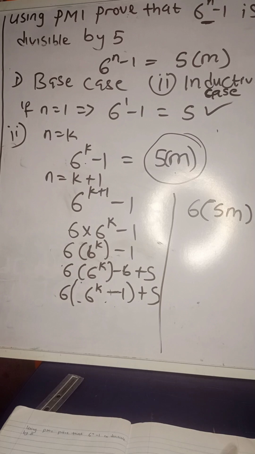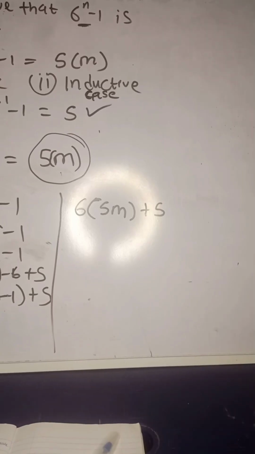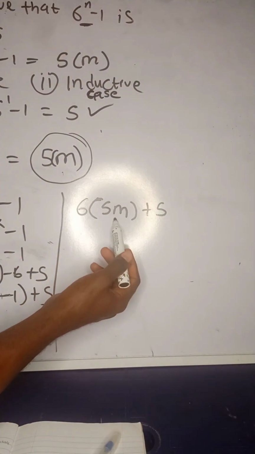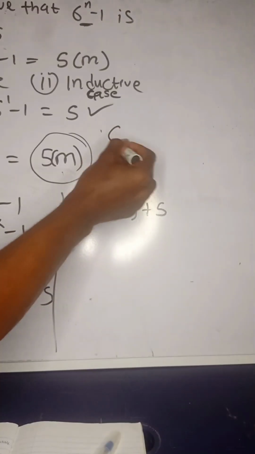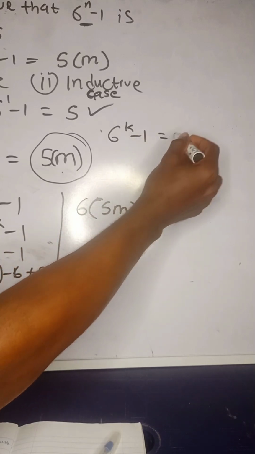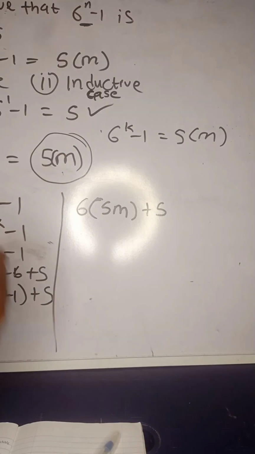Okay, I want to be sure that you are seeing what I'm doing. Sorry, it seems like you are not seeing. So of course, now you see we are having 6 times 5m. The 5m we know is from this: 6^k minus 1 is a multiple of 5, so 5 times something is 6^k minus 1, right?